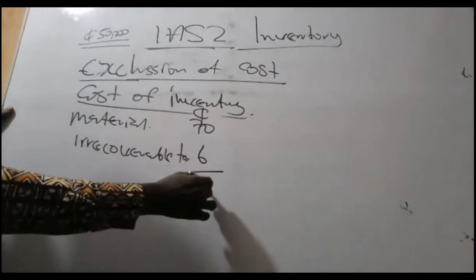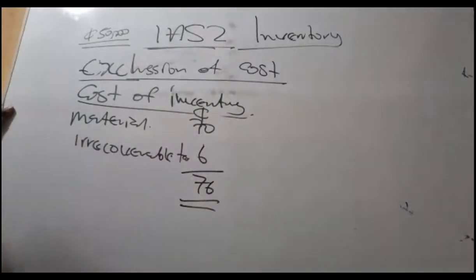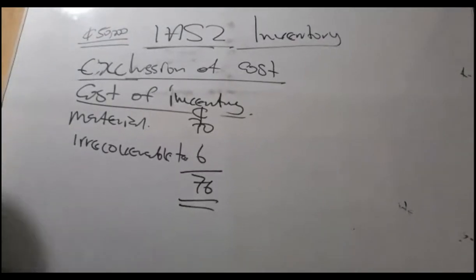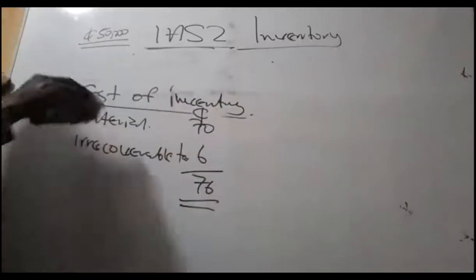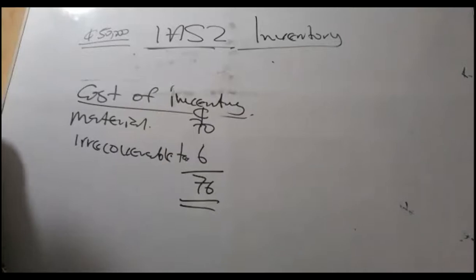So we have 76. That's the cost of the inventory. The rest must be excluded. So we are done. The rest must be excluded.